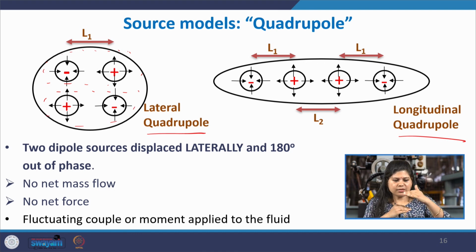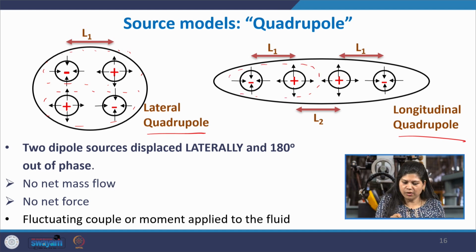They are placed one on top of another. In the case of longitudinal, all the 4 monopoles are in line. Here, this makes one dipole and this makes another dipole antiphase with each other, and they are along the same line.